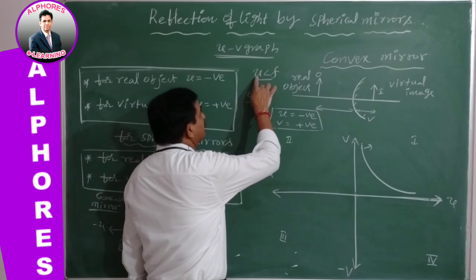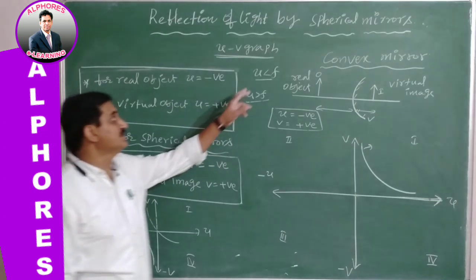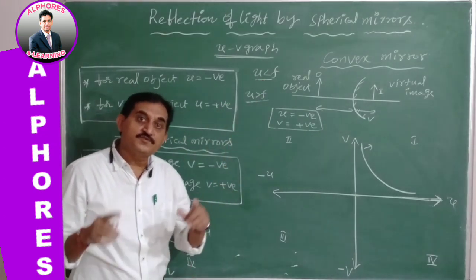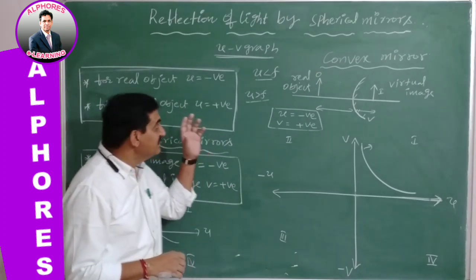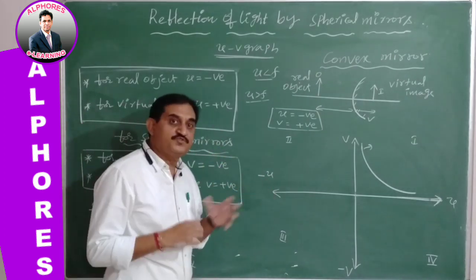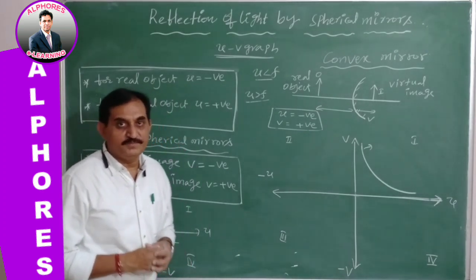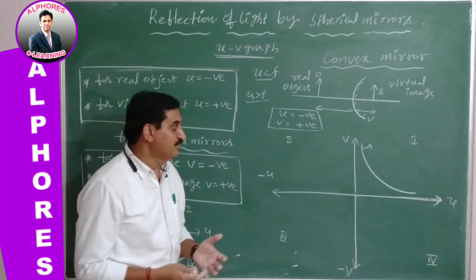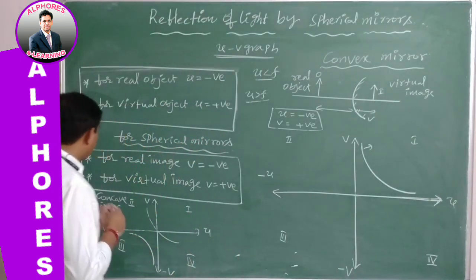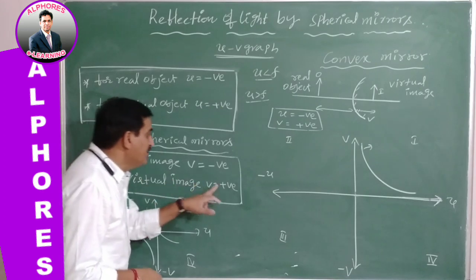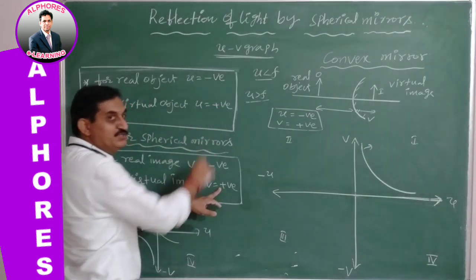A real image is given for a virtual object when u is less than f. These two conditions were discussed there. If you see that video, you can easily understand these cases. Based on these cases, the convex mirror gives a virtual image for a virtual object, and for a virtual image both are positive signs. So here virtual image positive, virtual object positive.